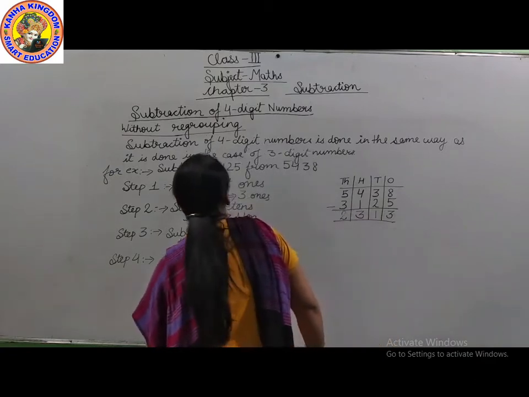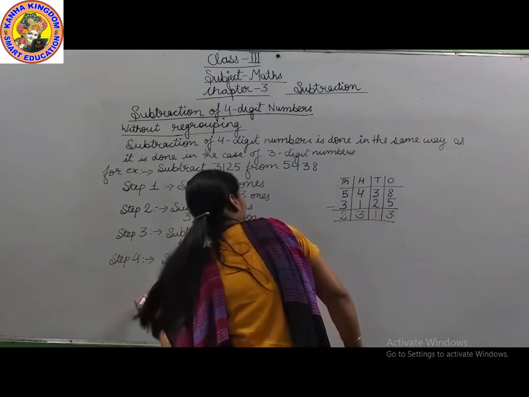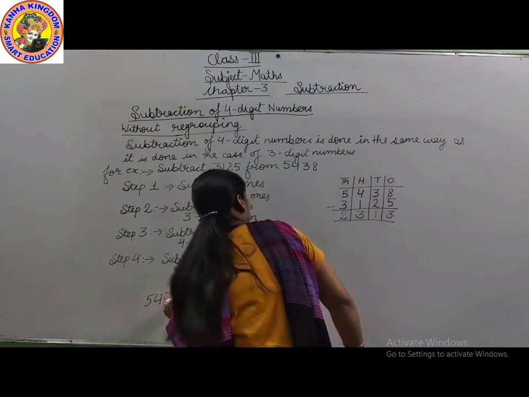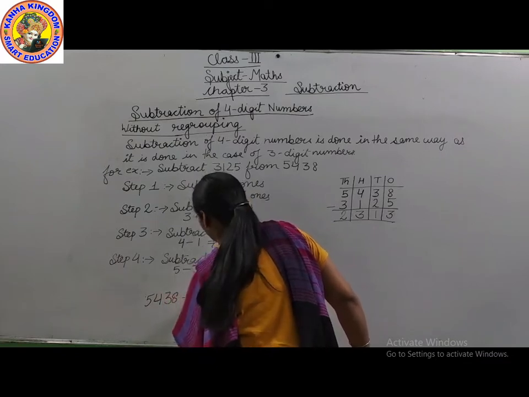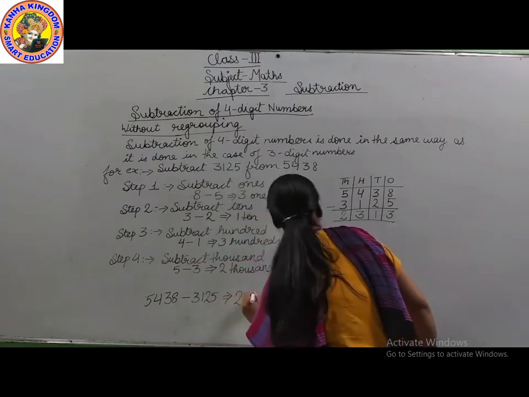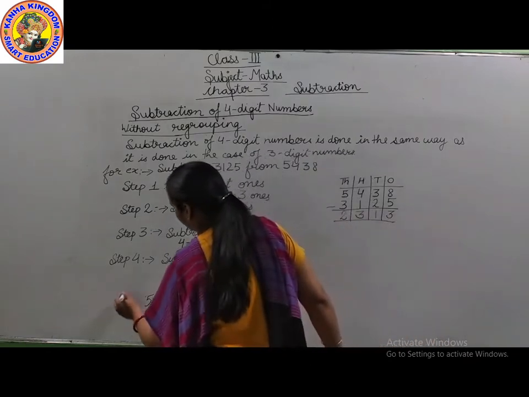So finally, 5438 minus 3125 equals 2330. This is the answer.